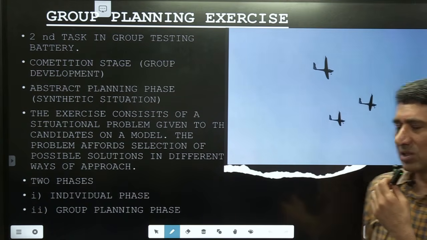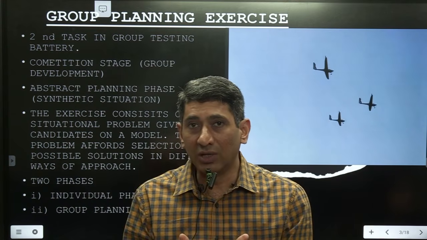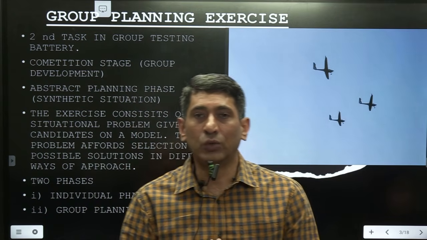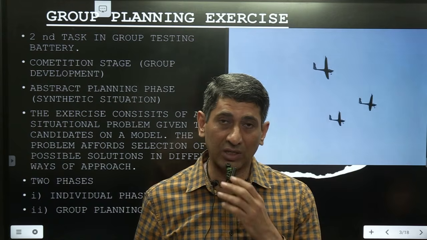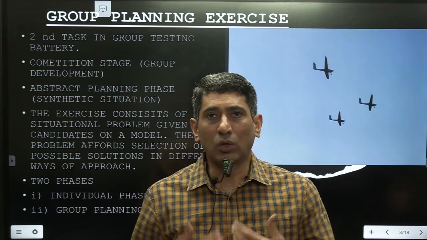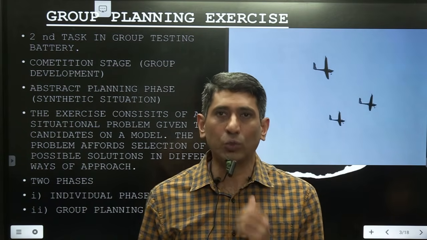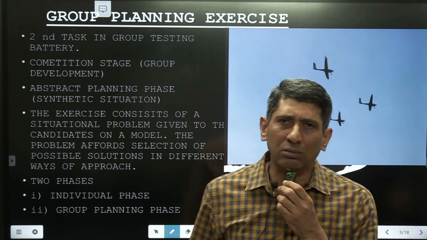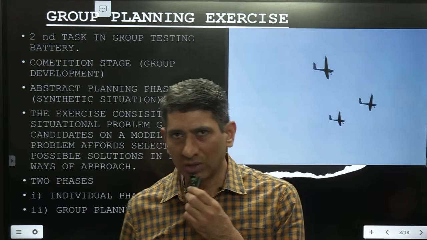The exercise consists of a situational problem or problems which are given on a model to you, wherein initially you will try to give out your individual solution, and thereafter you will be giving your contribution to the group to arrive at an agreed group solution which will be given to the GTO after the group discussion is over.